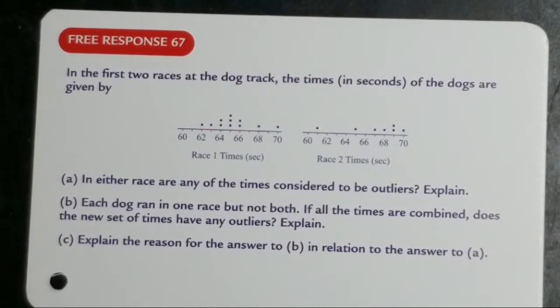In either race, are there any of the times considered to be outliers? Interesting. Now, you have a couple options here. Because they gave you enough numbers, you could calculate this by hand.